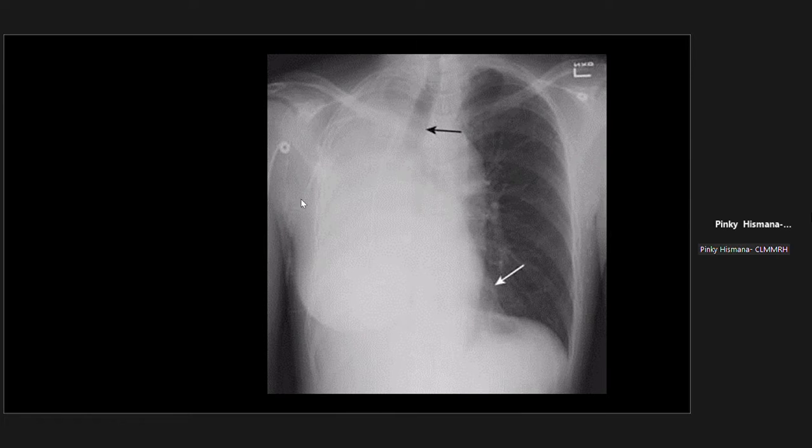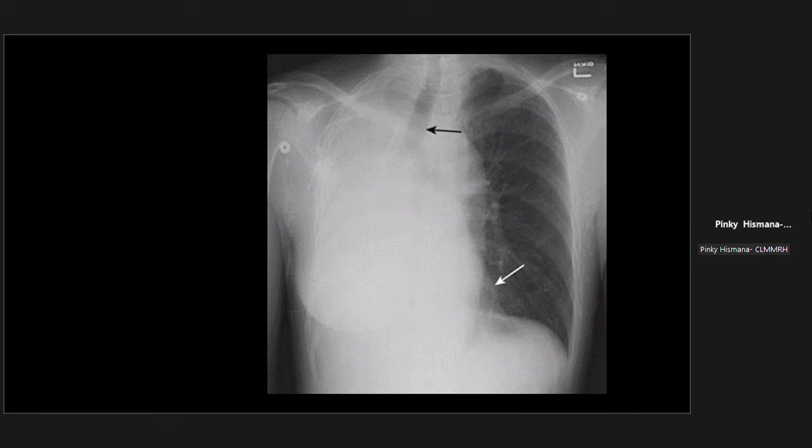Though you cannot see it here, it seems the right main bronchus is quite elevated also. What do you think is the problem in this case? What happened to this lung? Why does it look that way?